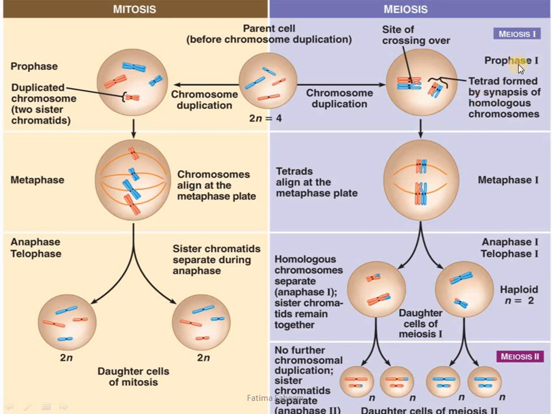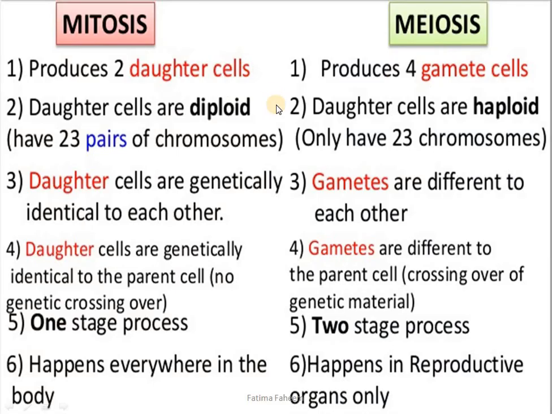Mind that you don't have to learn about prophase 1, metaphase 1. These phases are not included in the O-level syllabus. All you have to know is the basic difference between mitosis and meiosis. Here, in different points, I have tried to explain these differences. In mitosis, only 2 daughter cells are produced.